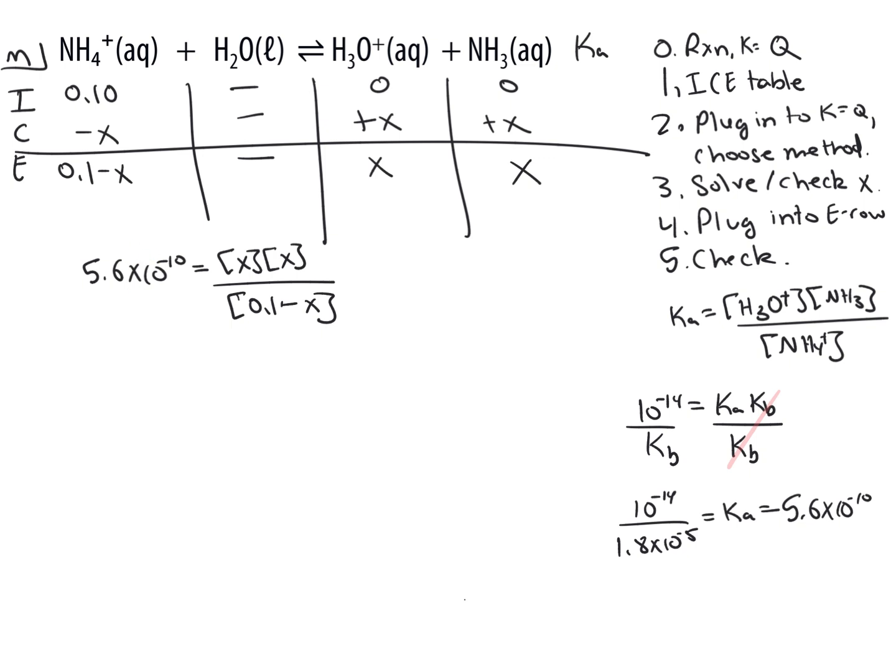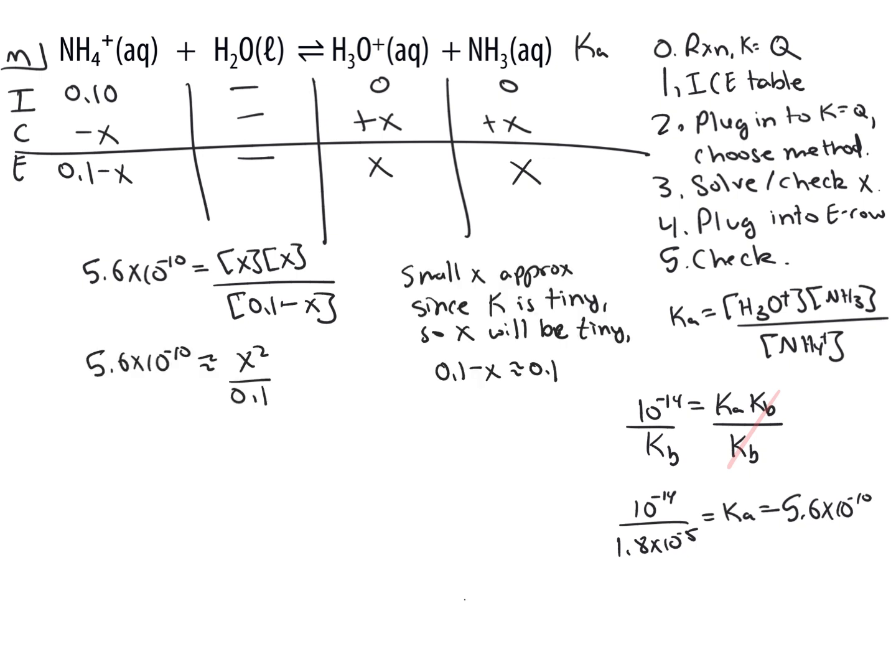K is very, very small, so expect the equilibrium to lie all the way back to the left towards reactants. X should be very small, and we should be very safe to choose that small x approximation method. So making that approximation, 0.1 minus x will basically be equal to 0.1. That simplifies our K equals Q to this.